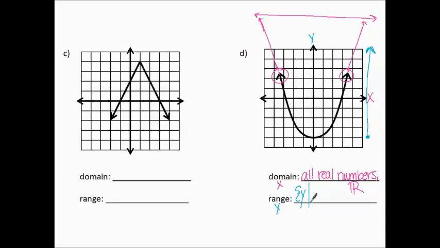But in this case, all of my y values are bigger than where this stopping point is. And the stopping point is at 1, 2, 3, 4, -4. So all of my y's are bigger than -4. So I say y is greater than or equal to -4, and I close my curly bracket.